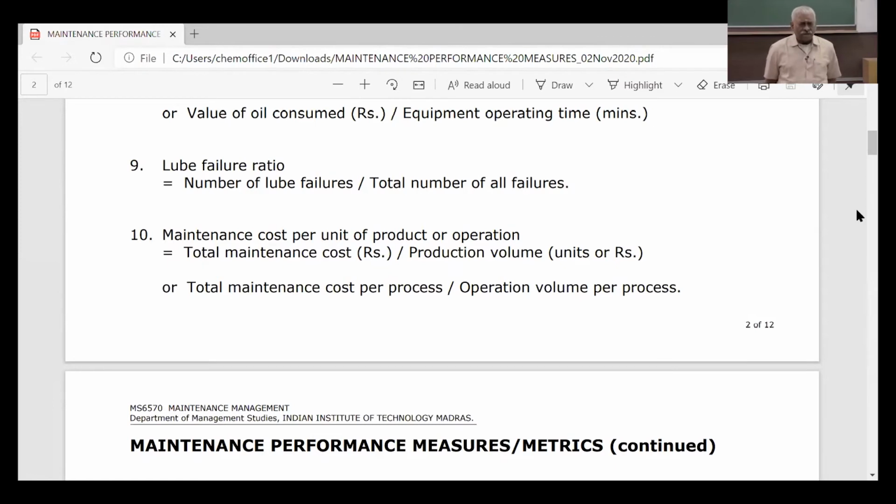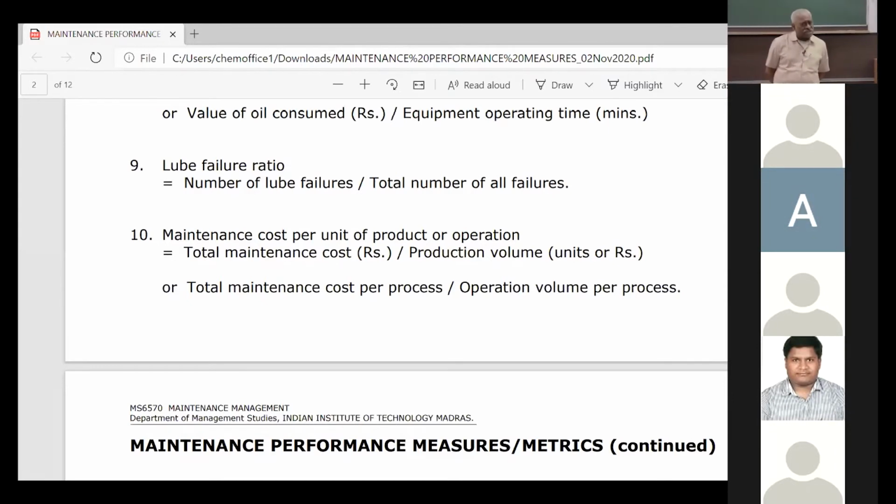Number one. Number two, let's say somebody says, why should we indicate production volume in rupee terms? Why not in sales revenue terms? What do you think will change in your judgment of maintenance effectiveness?